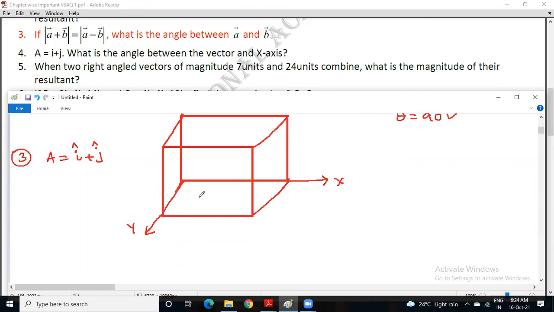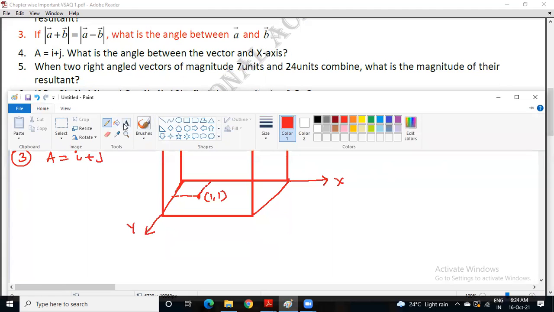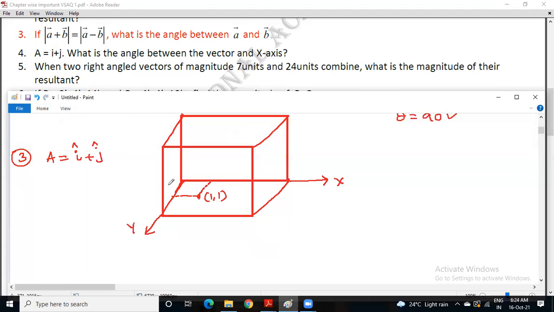Now there is a point here. This point might have coordinates 1, 1. So what does it mean? This point is at a distance of 1 meter from the x-axis and 1 meter from the y-axis. So this is going to be A. This is the way to represent any vector falling in the xy plane, with its components ax i cap, ay j cap.